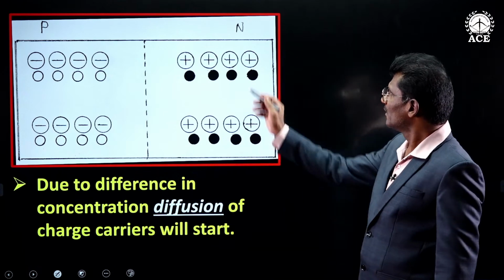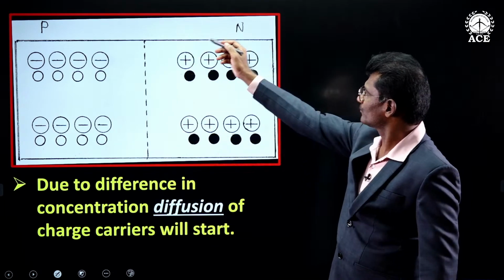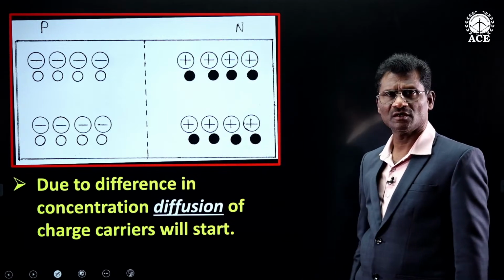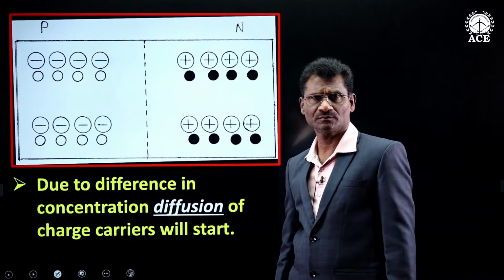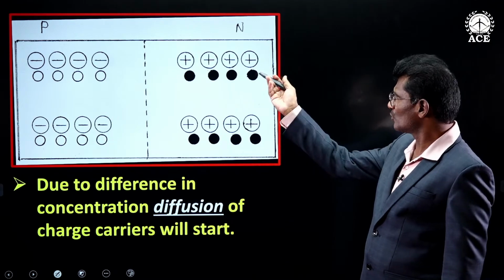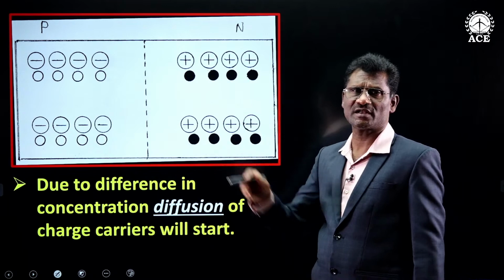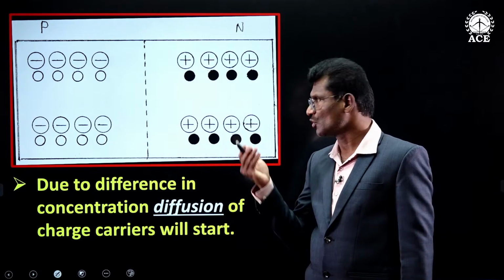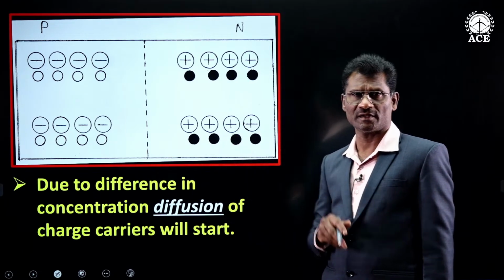Now, if you look at this N side, what are the carriers existing? Electrons and also holes. If electrons are majority carriers, definitely holes will be called minority carriers. Why?